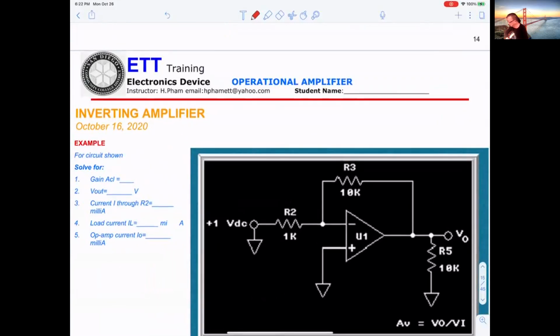Is it minus 10? Yeah, do it now. I got minus 10. Okay, so 10K divided by 1K, minus 10. Correct.